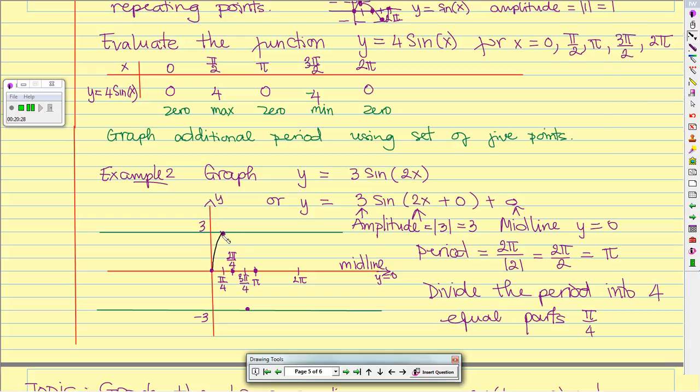And now you are going to connect the 5 points using a curve. So this would be one complete cycle. So this will be one period of the graph. And then you just repeat the same pattern again.